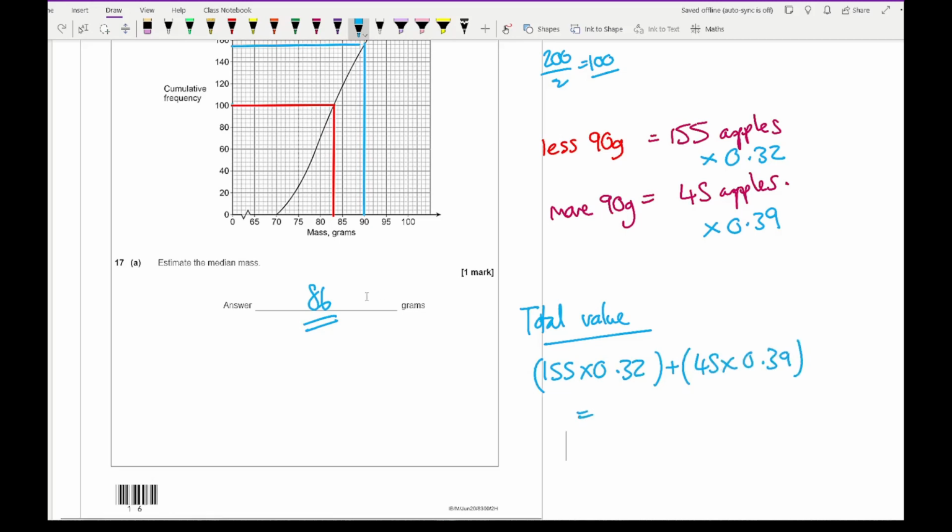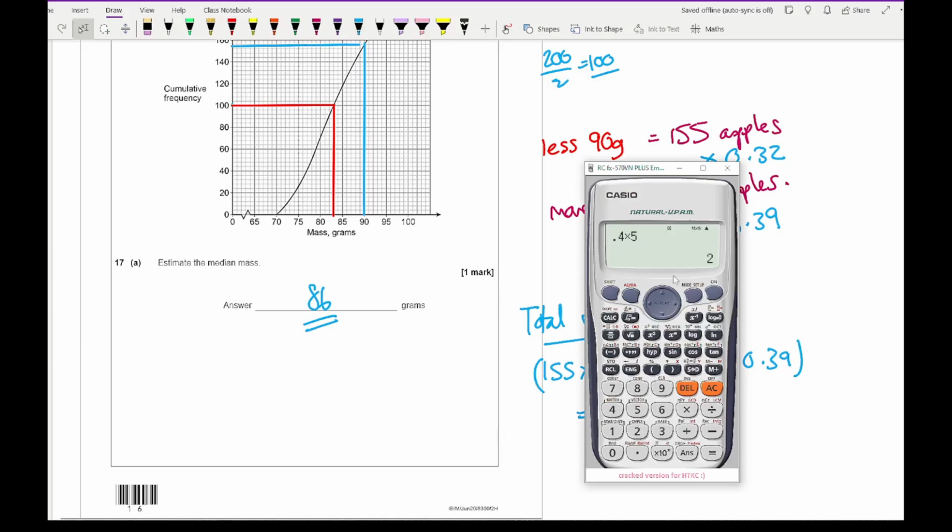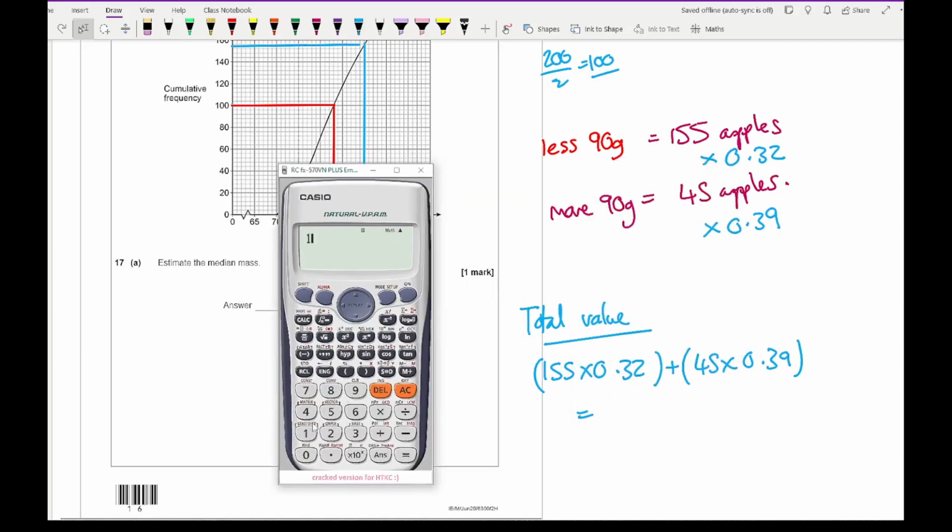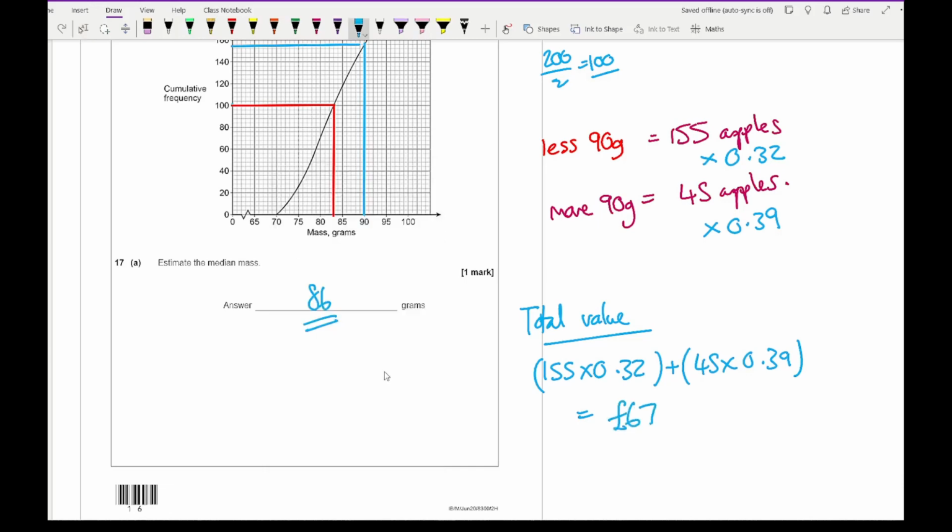And again, if I type that all into my calculator, I get 155 times 0.32 plus bracket 45 times 0.39 close bracket equals, roughly £67. That's my part B.